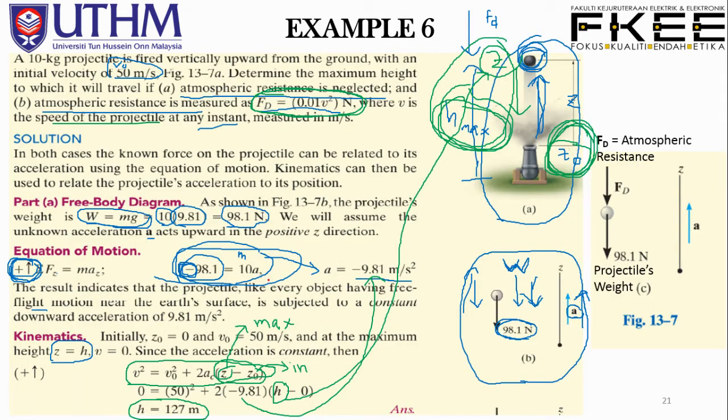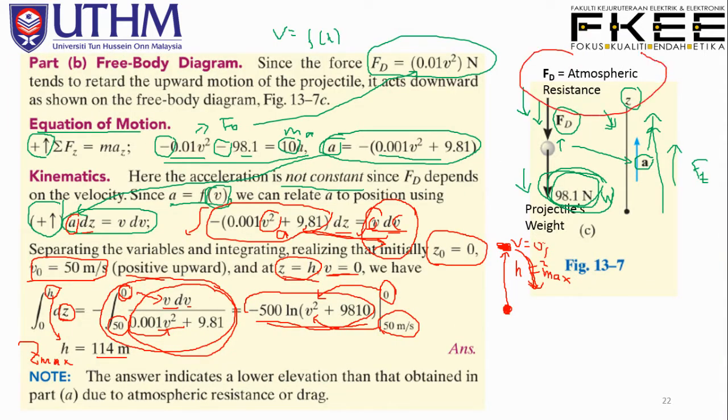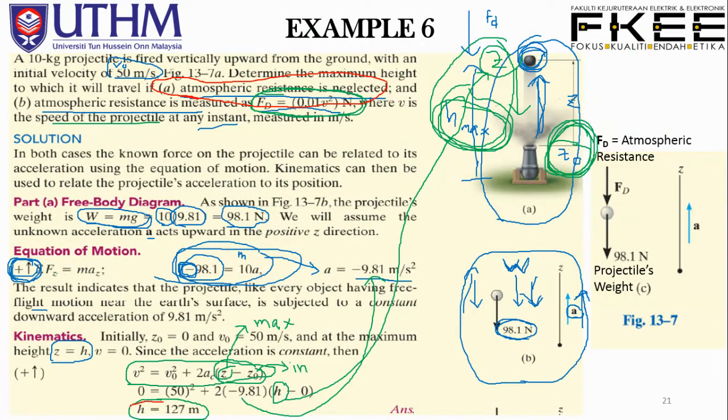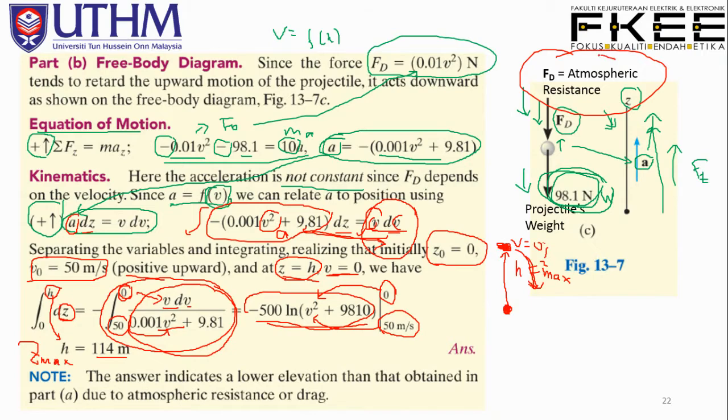So we have done the previous analysis where the atmospheric resistance is neglected. Question A: when we neglect the atmospheric resistance, FD, we got 187 meters. And then after we consider the atmospheric resistance, a certain amount of additional force acts on the projectile, this iron ball or steel ball.